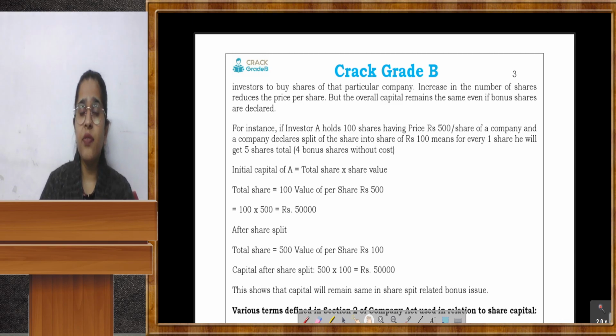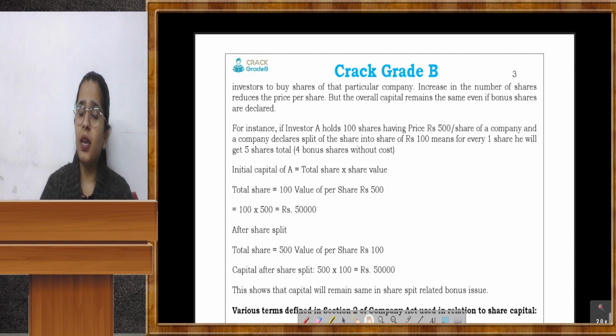If in any season the supply of onions is more, then it decreases its price. The same applies in the case of shares as well. If the supply of shares will increase, then automatically the price of shares will go down, and hence it makes way for new investors also.